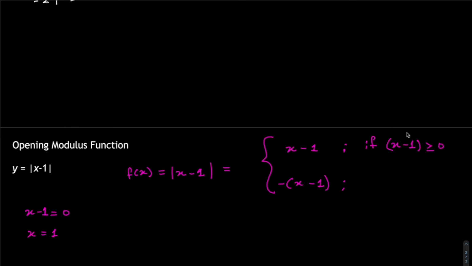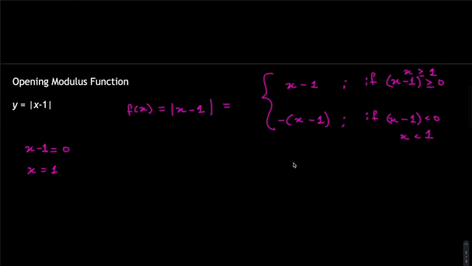So essentially, I'm going to have whenever x is greater than 1, and here I'm going to have when x minus 1 is less than 0. So I'm going to have x is less than 1. So I can rewrite this again, a little bit more simply, a little bit more neatly.